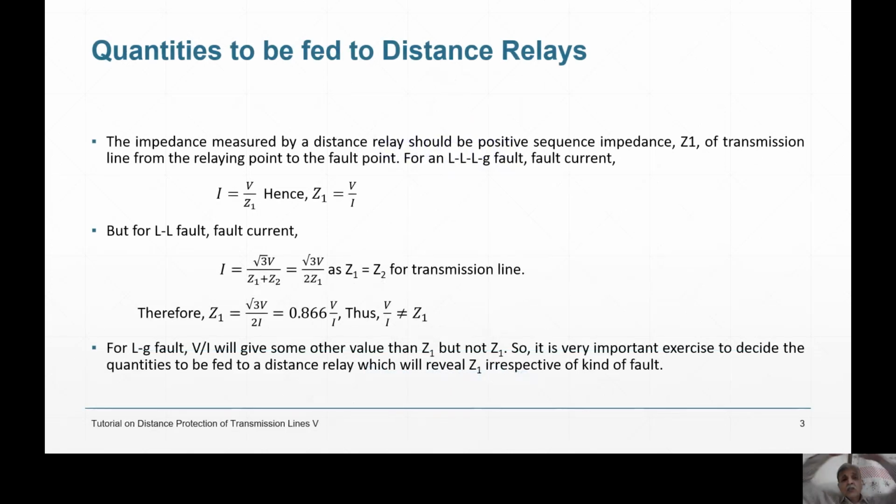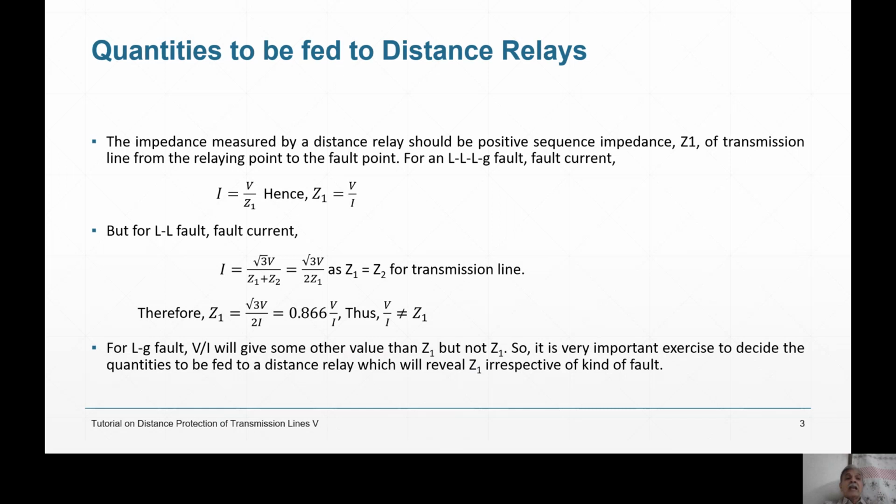As I was telling you last time, V by I is equal to Z. When I say that a distance relay measures distance, it doesn't actually measure distance, it measures impedance, because impedance is proportional to distance. Impedance is R plus jX.